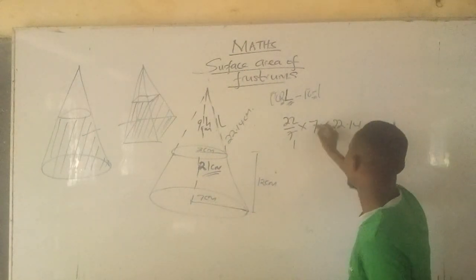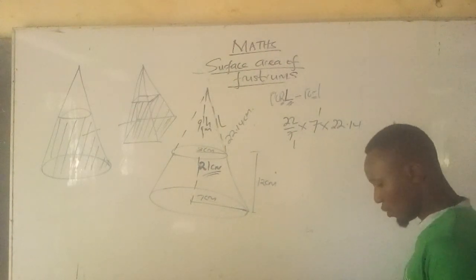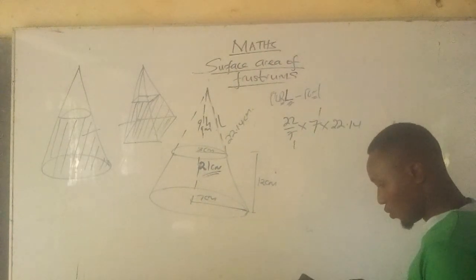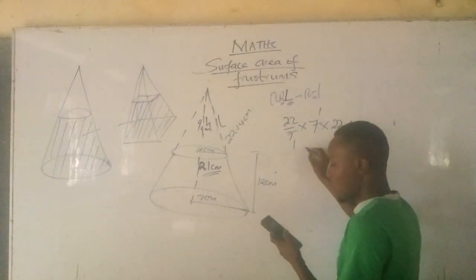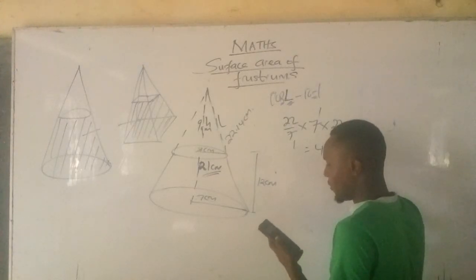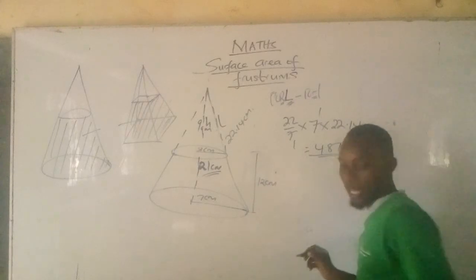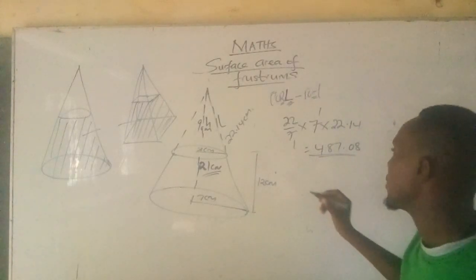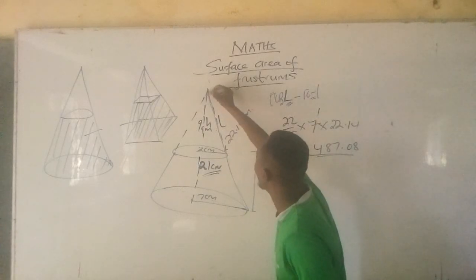When we multiply that, our area of the original cone will be 487.08.